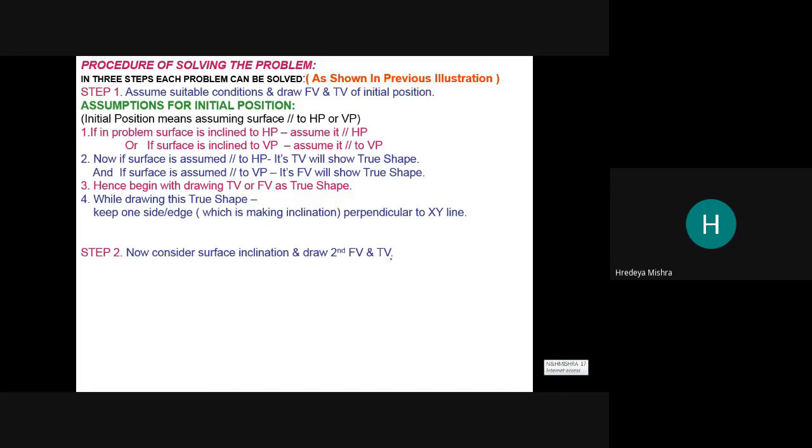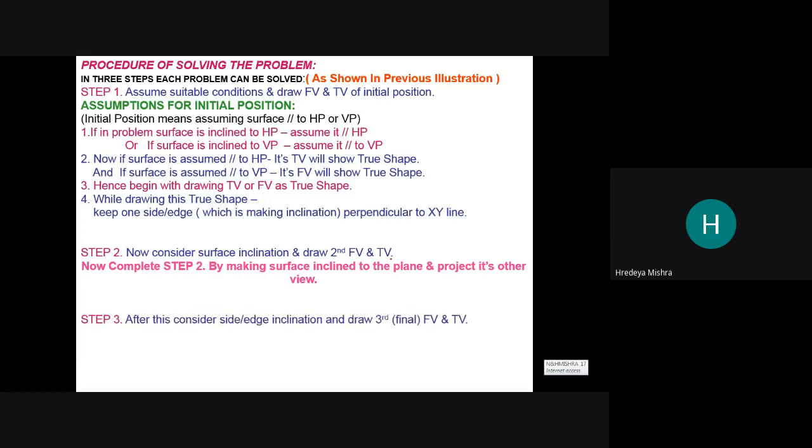So complete step 2 by making the surface inclined to the plane and projecting it to the other view. So we get two front views and two top views here.